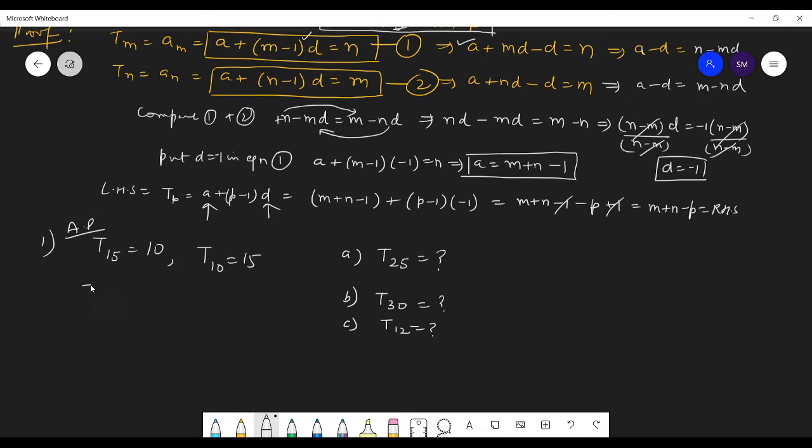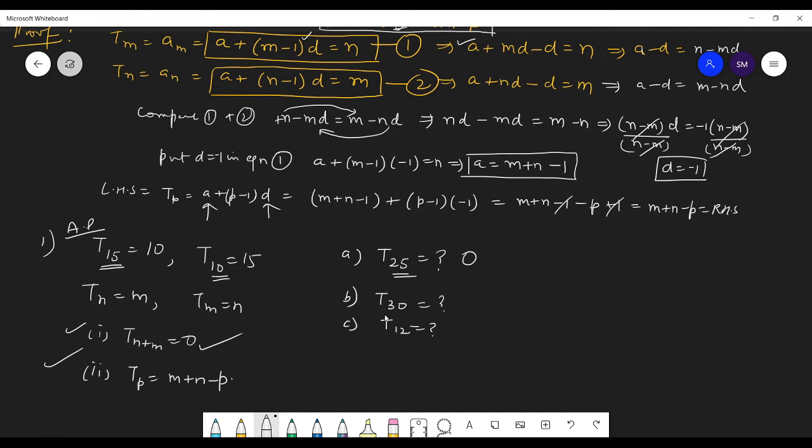You know the results: if Tn is equal to m and Tm is equal to n, then the first result is T(n+m) equals 0, and the second result is Tp equals m plus n minus p. So just check, is the total sum 25? Yes. So what will be the 25th term, students? 0.